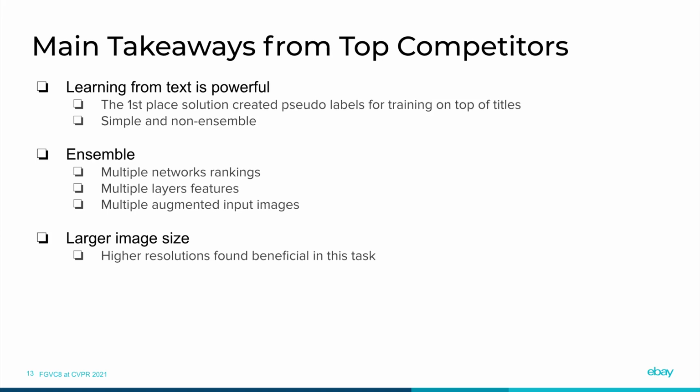It's also the only team which has used the titles for training, which demonstrates that learning from text can be very significant in this task. Teams also found that ensemble methods and high resolution image sizes are very useful in this task.